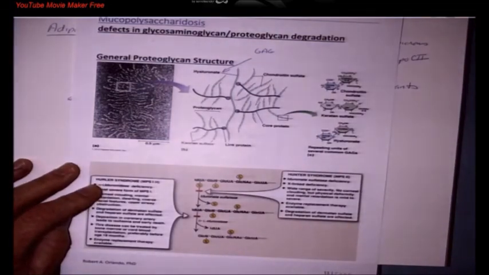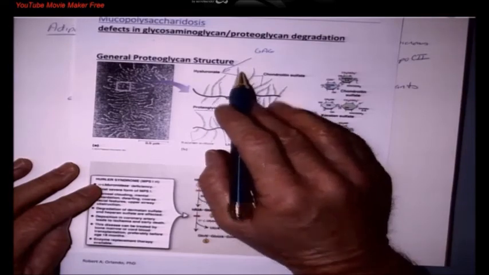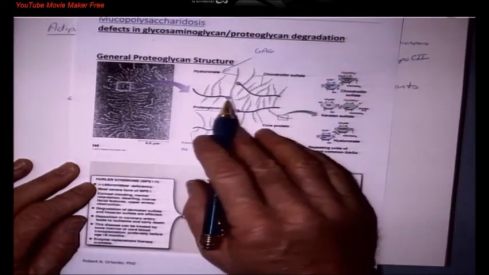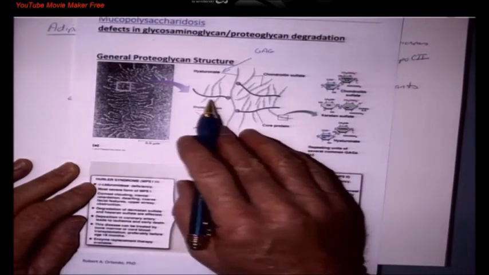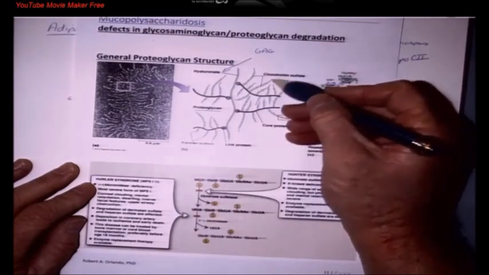It can have up to, I think, 50 to 100,000 residues of carbohydrate. And each one of these monosaccharides is a hexose. It's huge.